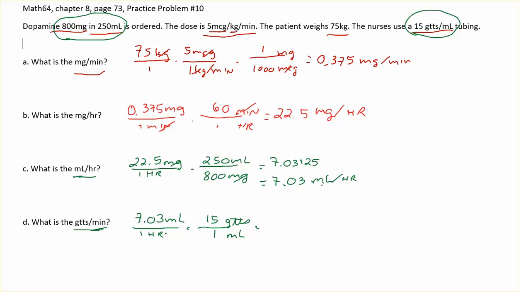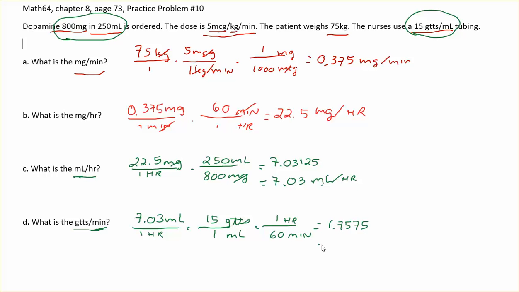And then finally I'm going to change the hour to minutes. My hour has to go on top, that's 1 hour, and my 60 minutes on the bottom. So I'll multiply all that together. Let me put this in my calculator: 7.03 times 15 and times 1, and then divided by 60. I can ignore those ones on the bottom, and I get 1.7575.